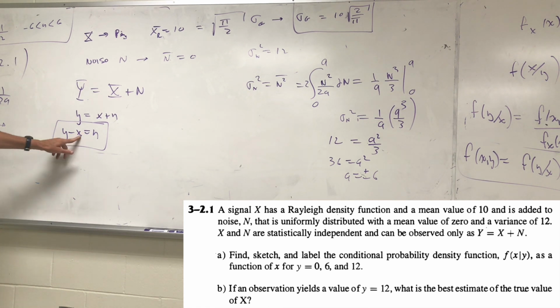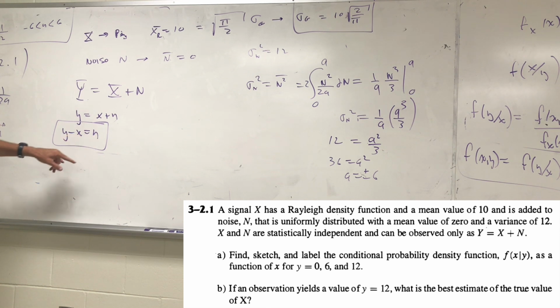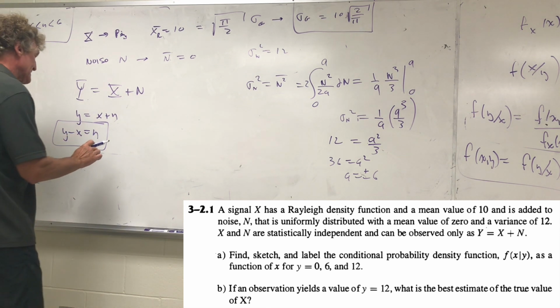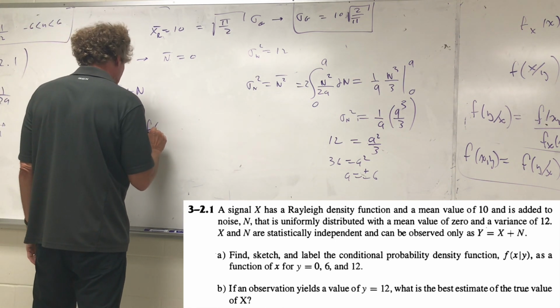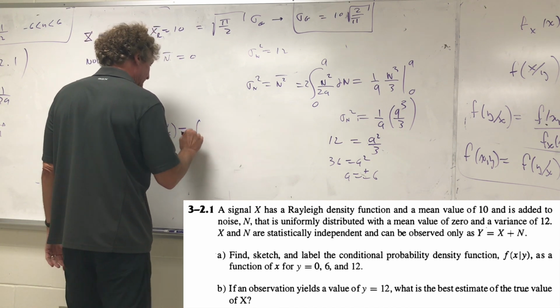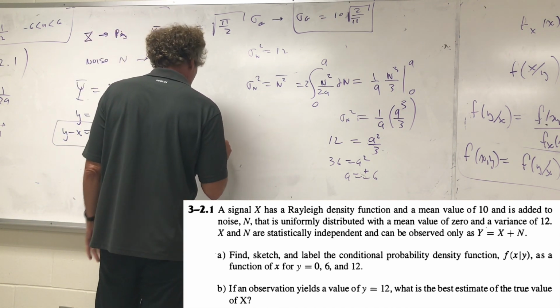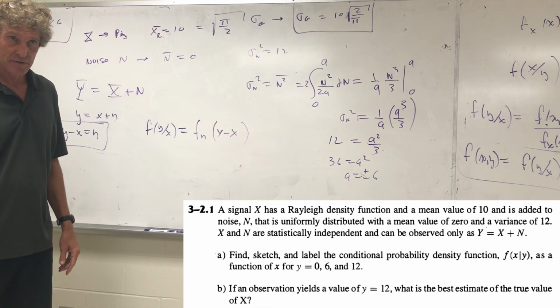If x is given, then y minus x can be equated to the noise, and we have the distribution for the noise function, right? So f of y given x is simply going to be f of the noise of y minus x, because we know x, right?